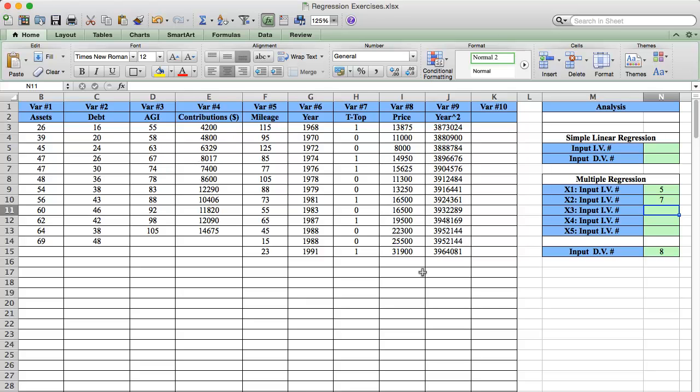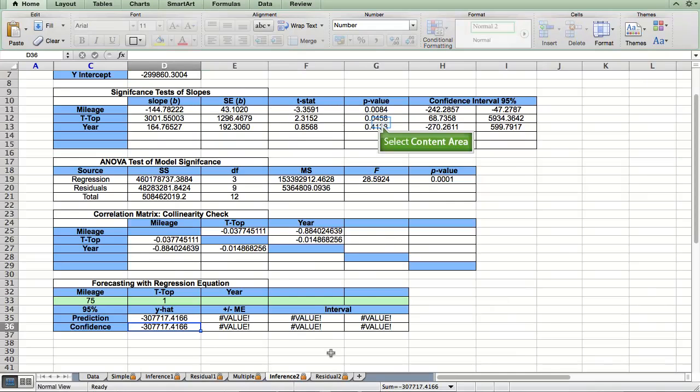We also saw that when we had the variable year with those two, mileage and T-tops, that year was quite insignificant. For example, this is a previous version of our model, and we saw that year had a p-value well over 5%.